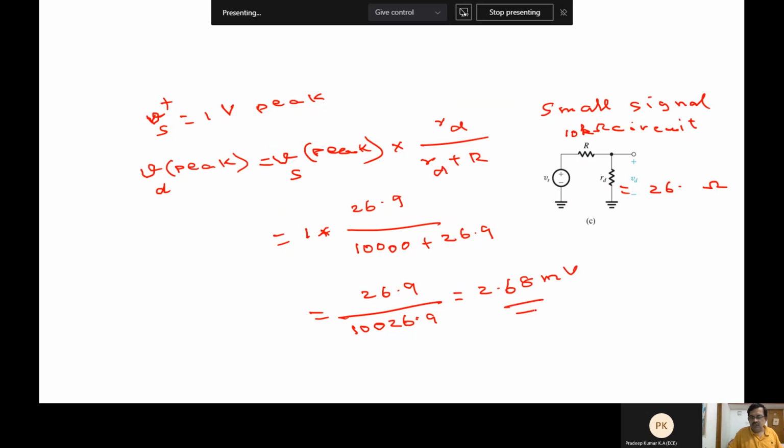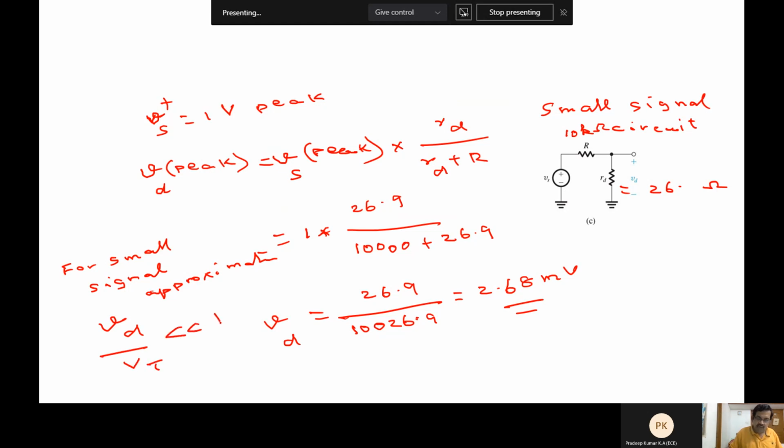Now look at this value here. This value corresponds to the small signal peak. Now what did I say for small signal analysis, the small signal approximation? What is the approximation? The approximation is given by the fact that small vd divided by VT should be much smaller than 1.